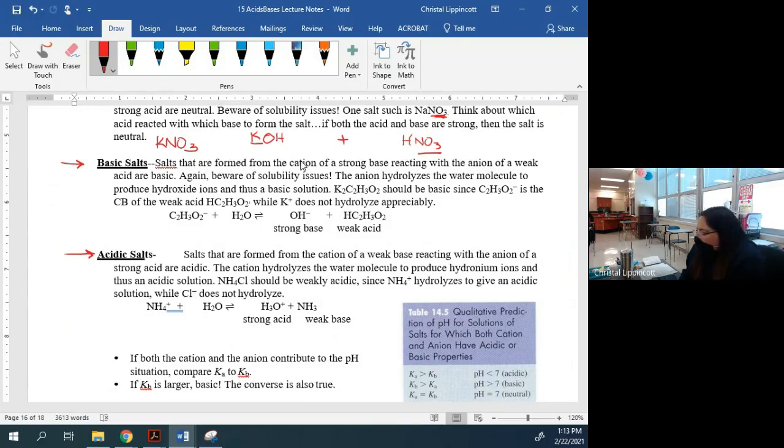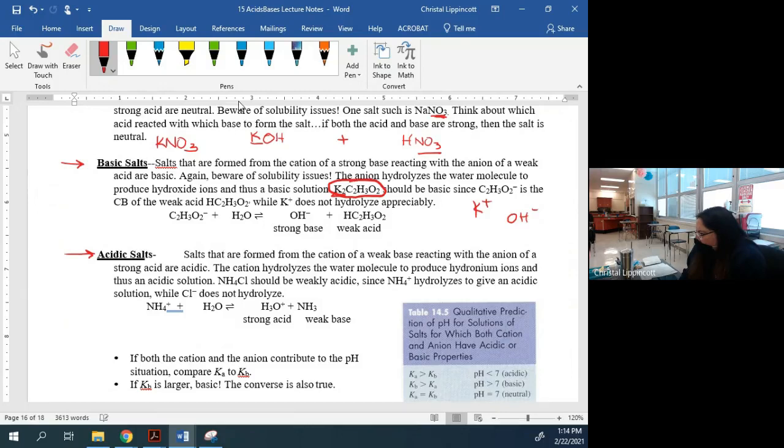Well, what's going to happen is, this would be your basic salt, because this will stay dissolved in water. It's not going to come together with the OH that's breaking up here.